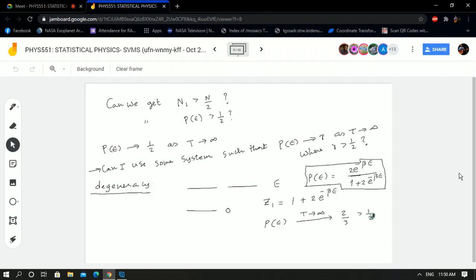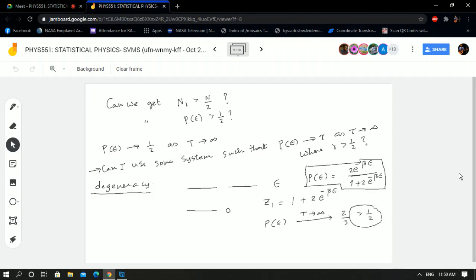So one way of getting more particles in the excited state is to make the excited state degenerate. By increasing the degeneracy of the excited state, we will be able to get more particles in the excited state. This is not negative temperature, by the way. This is still a positive temperature.